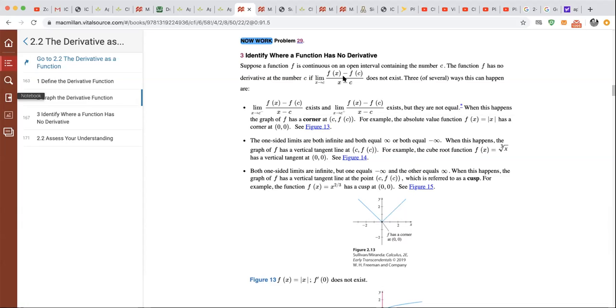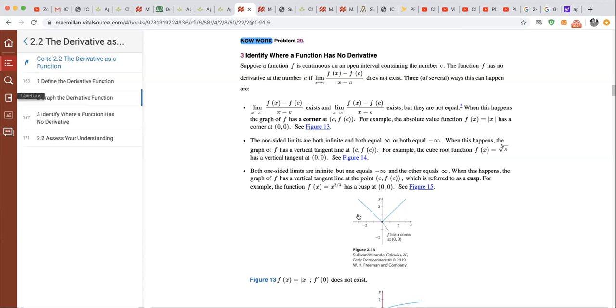The first situation exists if you're coming in from the left, it exists, and coming in from the right, it exists. What does? Change in y over change in x. The slope as you come in from the left and the slope as you come in from the right exist, but they're not equal, okay?